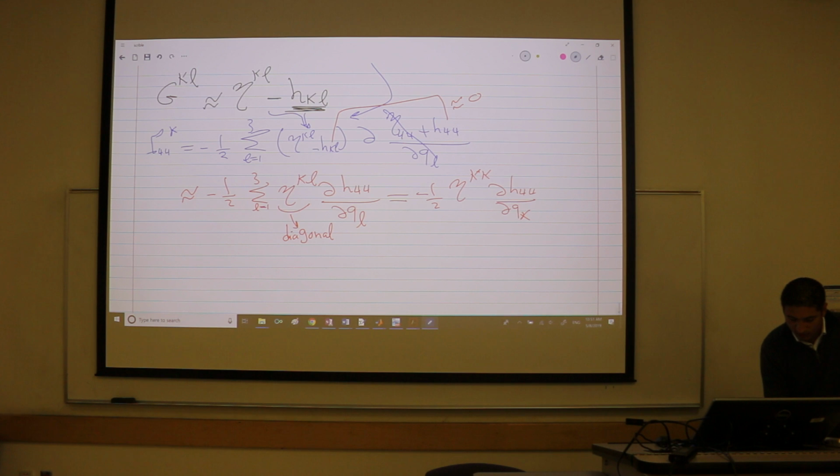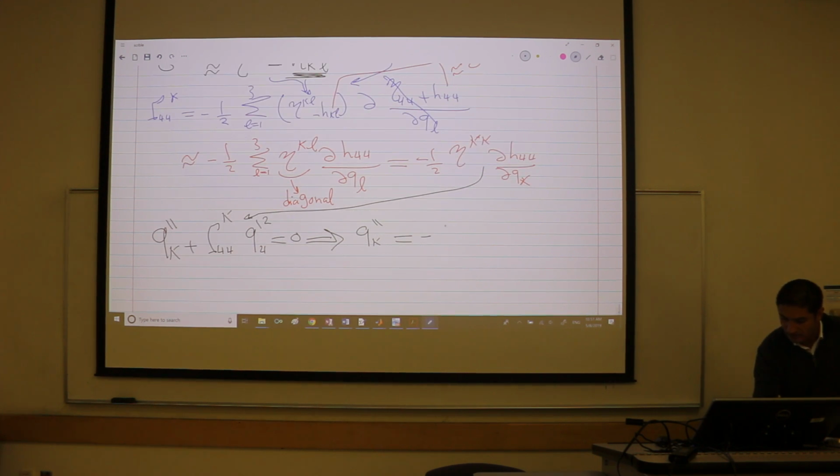So our equation, which was waiting for us, qk double prime plus gamma 4k q4 prime squared is 0, will give us now qk double prime equals negative 1/2 eta kk partial h44 partial qk, k equals 1, 2, 3.